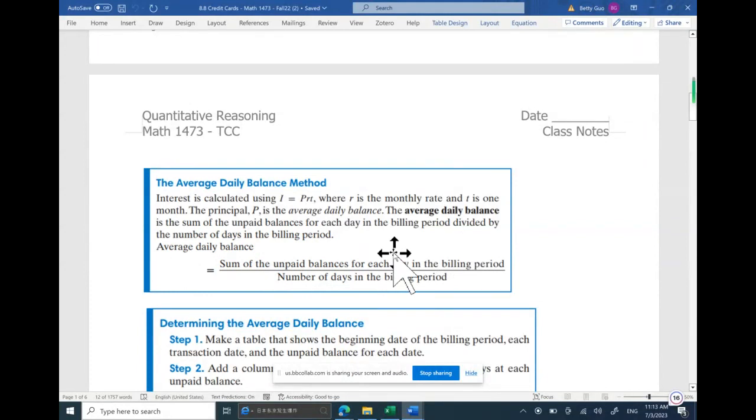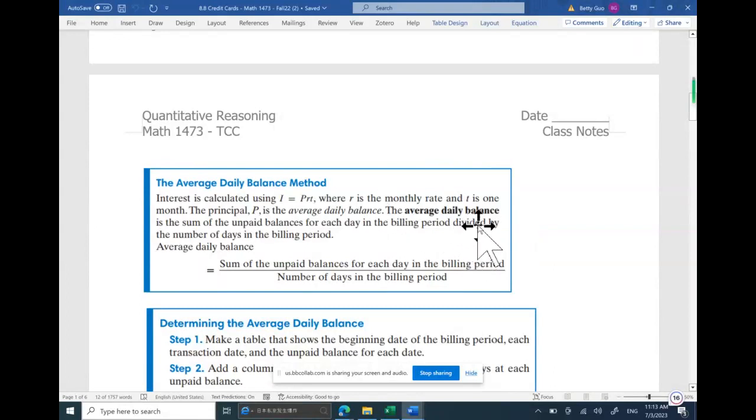So later when we work on an example, I'll explain again the definition of the average daily balance. You can feel the concept simply by understanding the keywords in the concept.